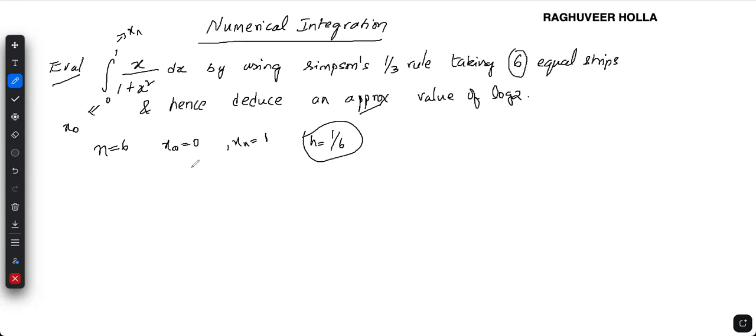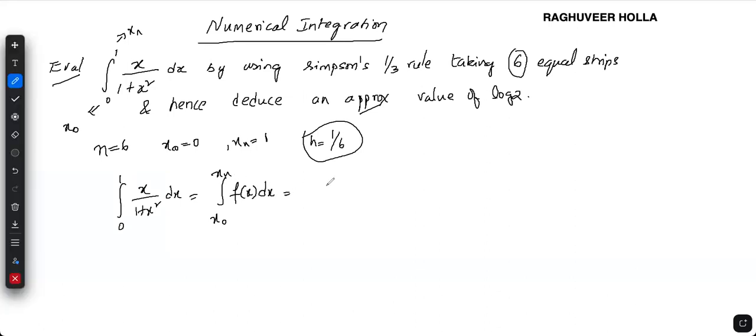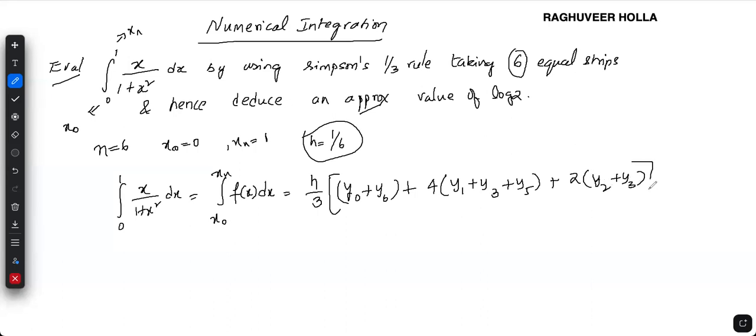Corresponding to this, we have the formula for the integral from 0 to 1 of x by 1 plus x square dx, which is the integral from x0 to xn of f of x dx, equal to h by 3 times y0 plus y6, plus 4 times y1 plus y3 plus y5, plus 2 times y2 plus y4.